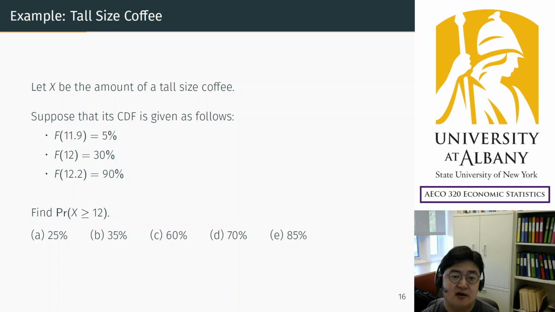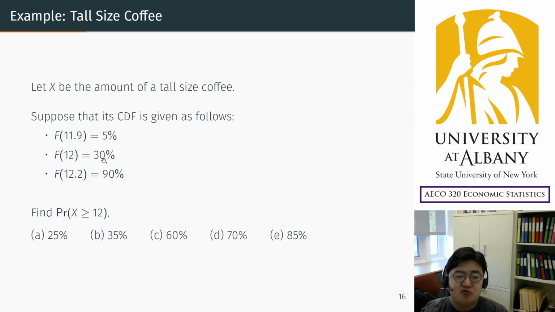let X be the amount of a total size coffee. So you randomly choose a total size coffee and then measure its coffee amount. How much is that? And suppose that you know the CDF at 3 points. The CDF at 11.9 is 5%. That means that 5% of coffees have less than 11.9 ounces.